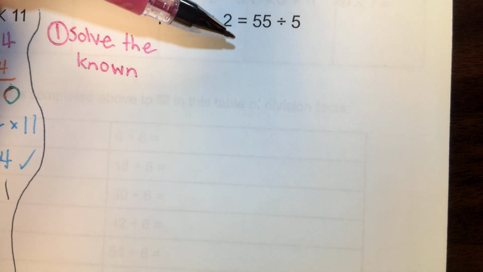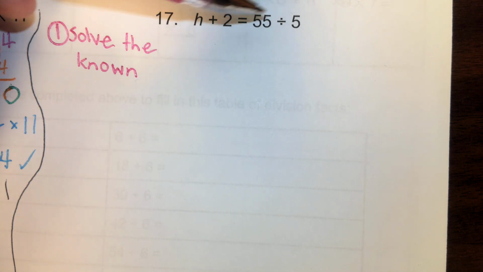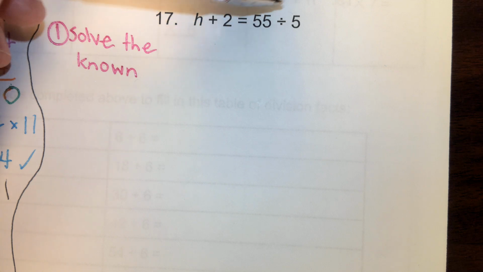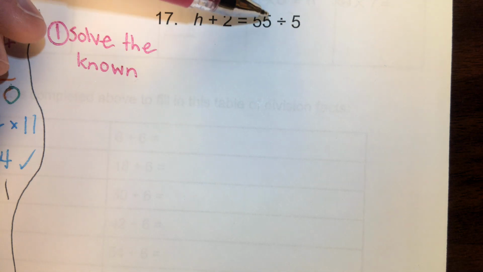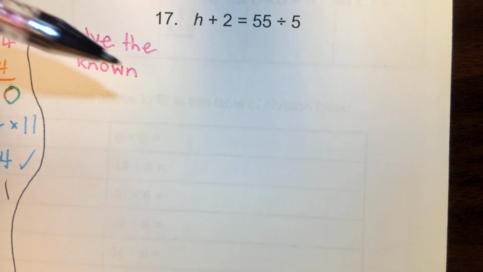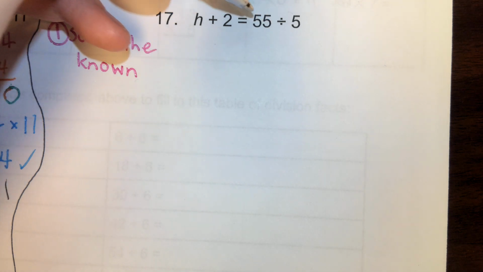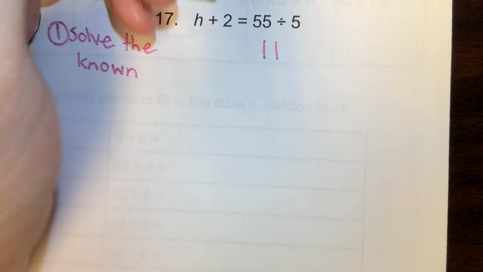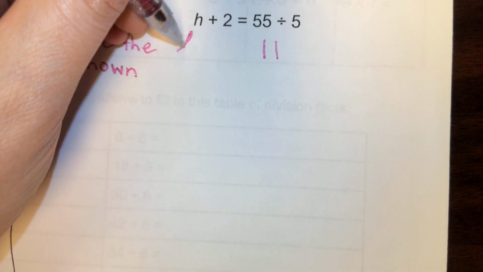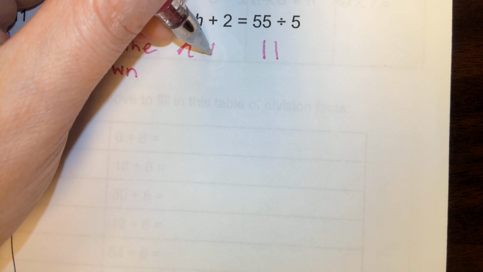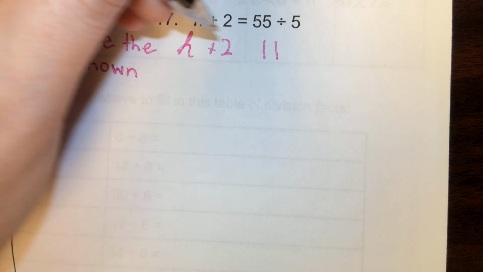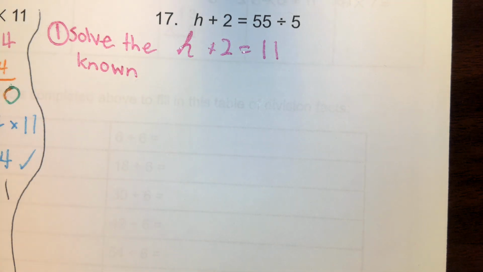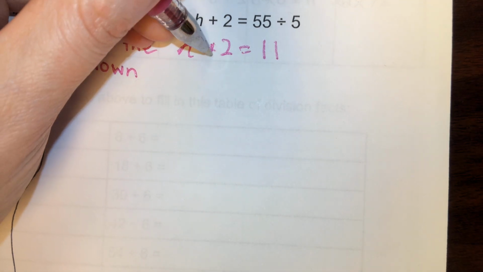And our known over here is 55 divided by 5. We know, because these are all numbers and no mystery numbers, so we can just jump into that. 55 divided by 5 is going to be 11. We're going to rewrite this. h plus 2 equals 11. I can make that more obviously a plus.